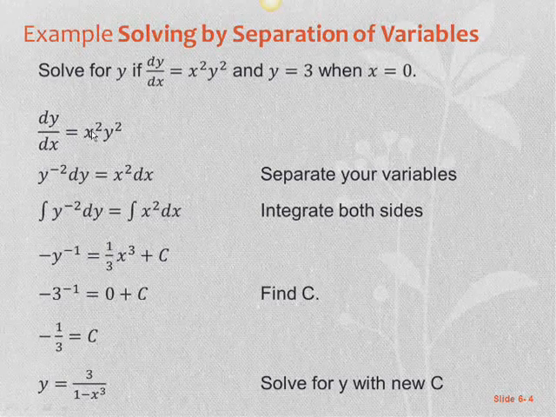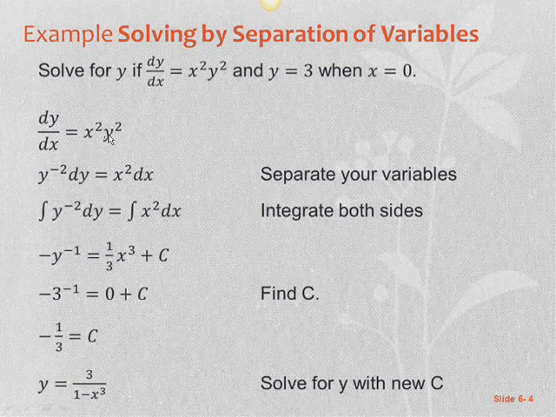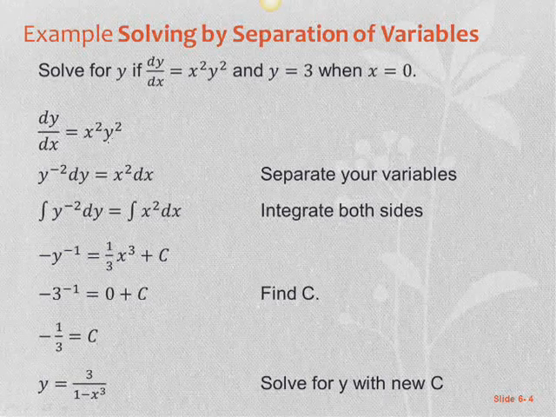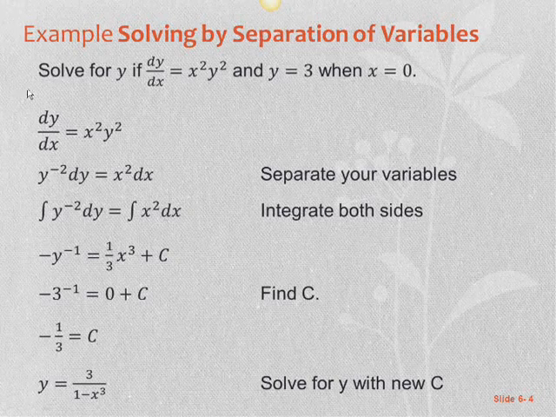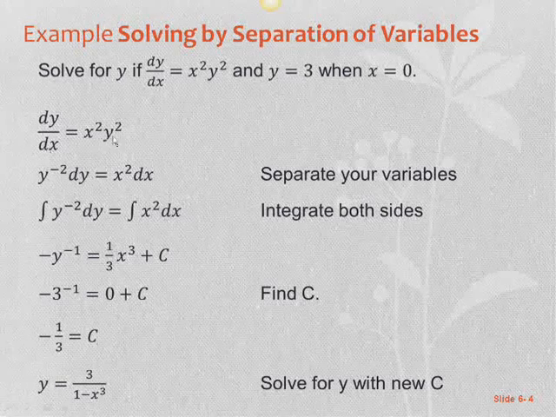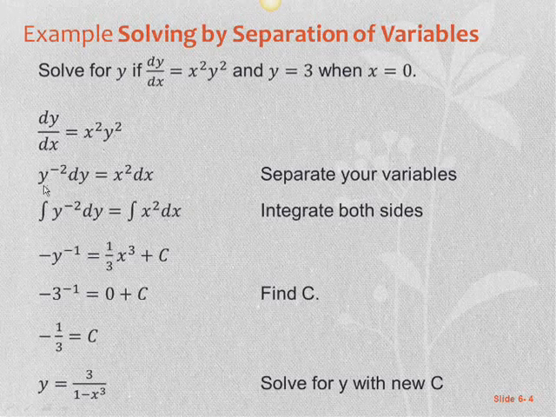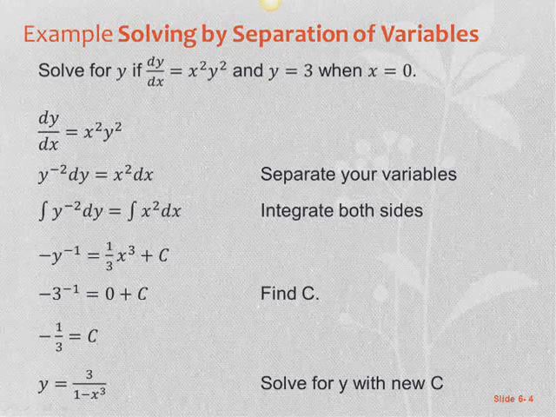So, what we always want to do with these is if you have an x and a y together, we get all of our x's on one side and all of our y's on the other. So that's why I have divided off here my y squared, and then I've sent my dx to the other side by multiplying it over. So I have y to the negative 2 dy is equal to x squared dx.